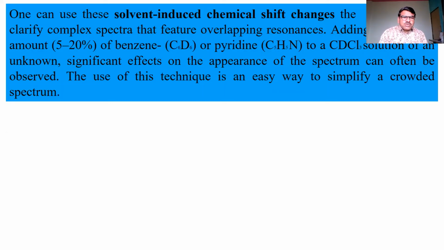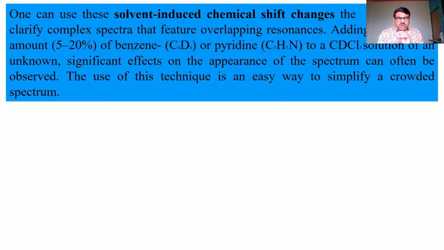Adding just a small amount, 5 to 20% benzene C6H6 or pyridine, to a CDCl3 solution of an unknown has a significant effect on the appearance of the spectrum. Thus, this technique is a very easy way to simplify a crowded spectrum.